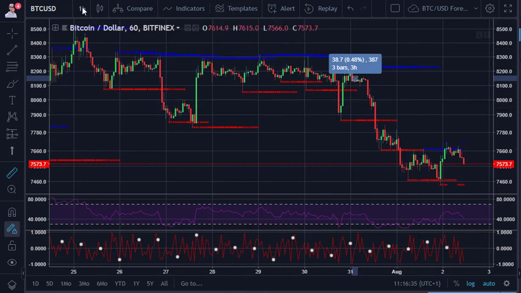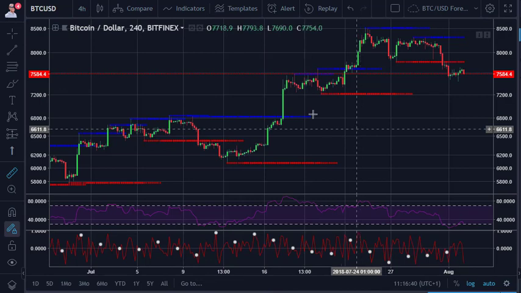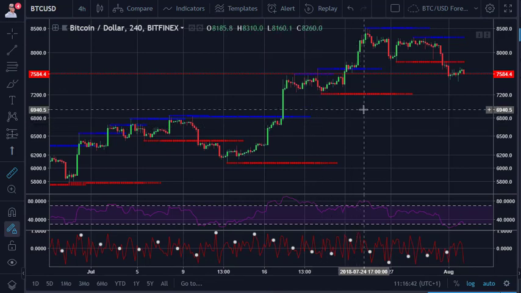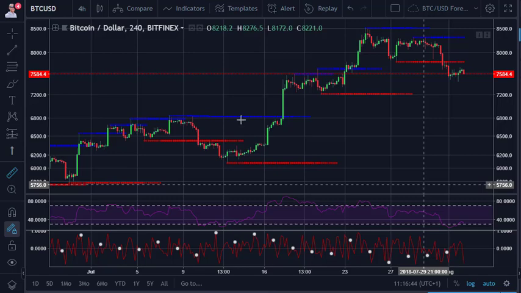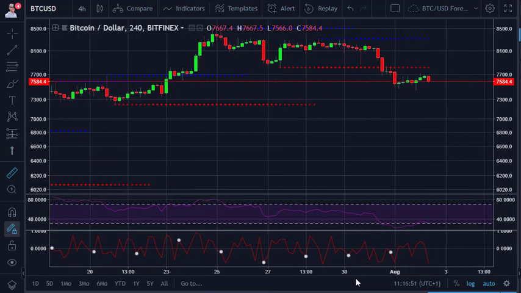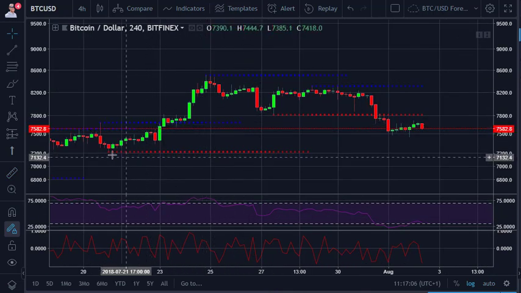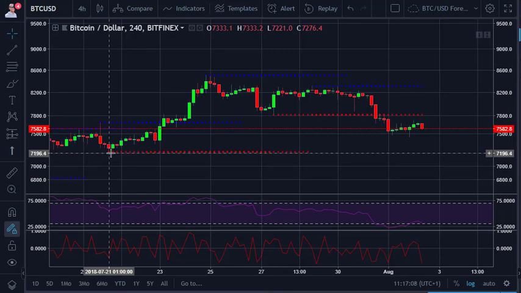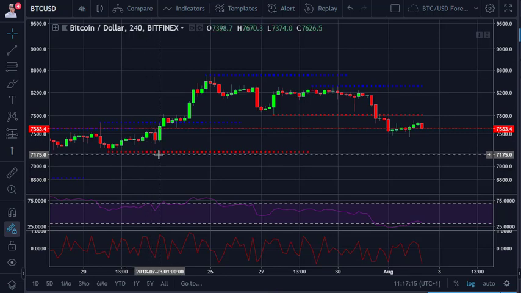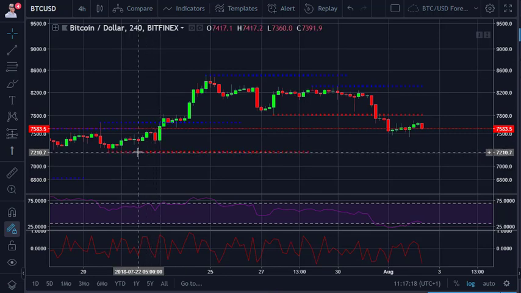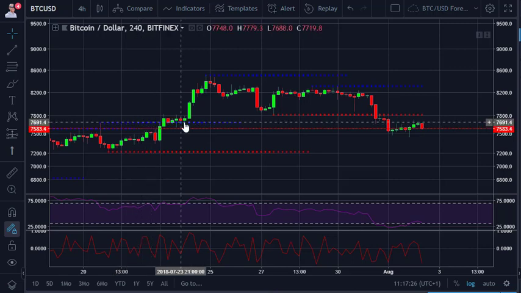Also, the levels that I've got on my chart here work quite well on the 4-hour chart and on the daily chart. We can see that we were trading between, back here on the 21st of July, we were trading between these points. This indicator helps you to see the support line in red and the resistance line in blue.